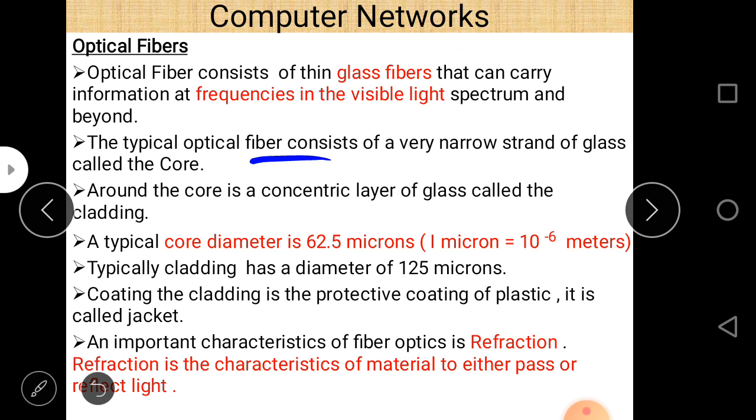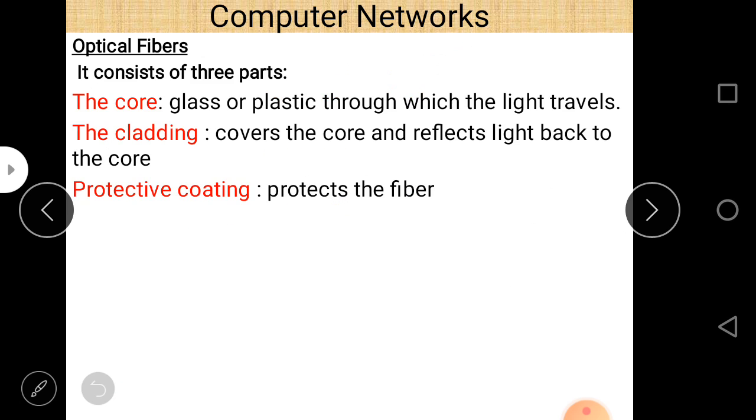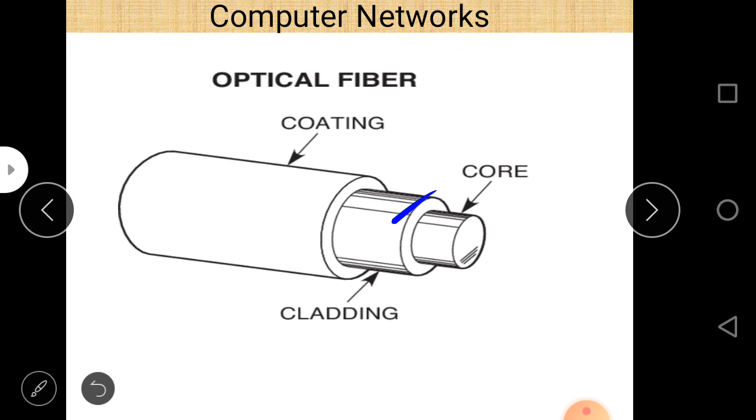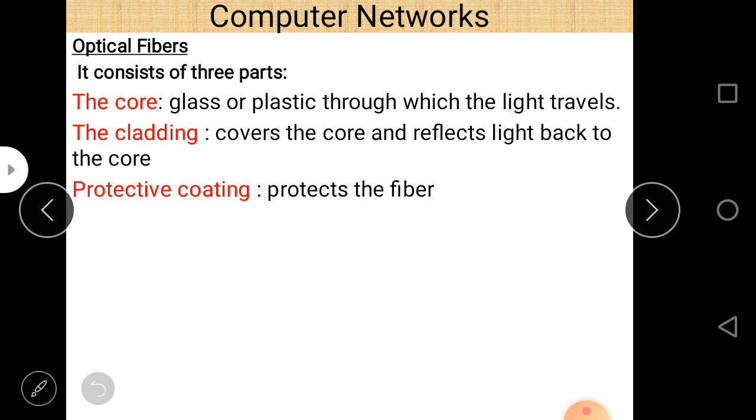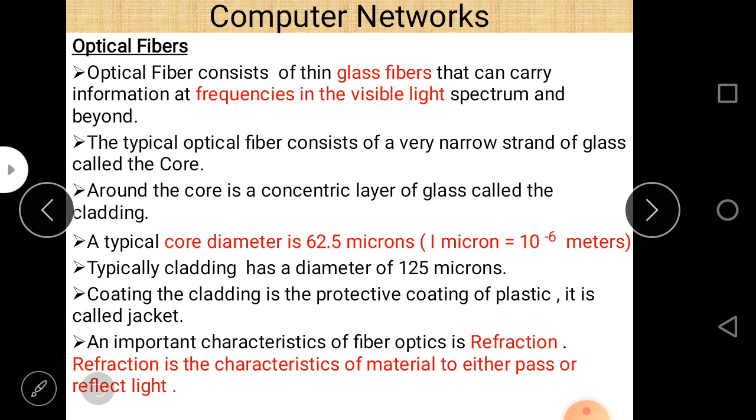Around the core is a concentric layer of glass called the cladding, and the role of cladding is to cover the core and reflect light back to the core. The third point is that a typical core diameter is 62.5 microns, where 1 micron is equal to 10 to the power minus 6 meter, and typical cladding has a diameter of 125 microns.